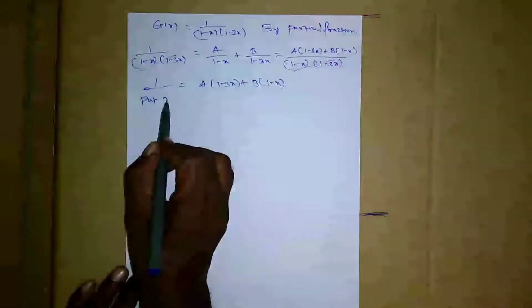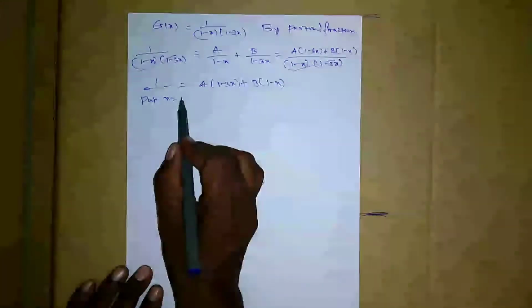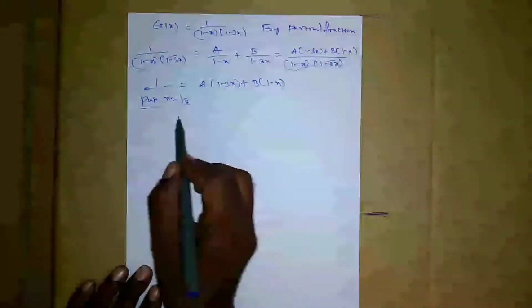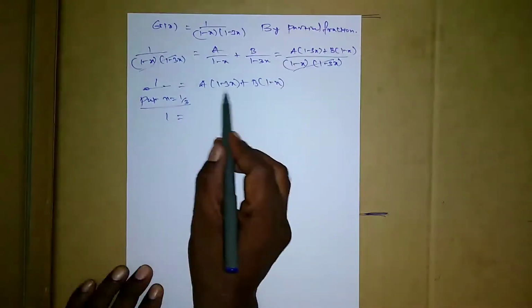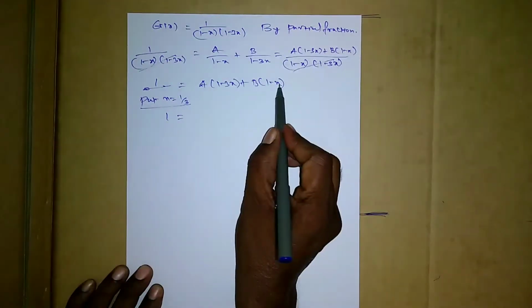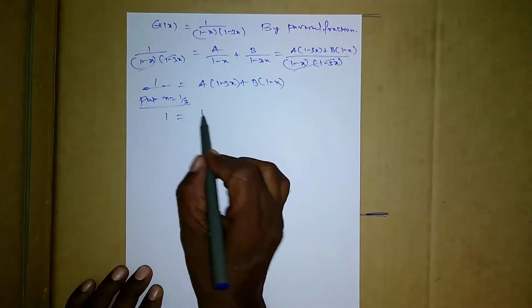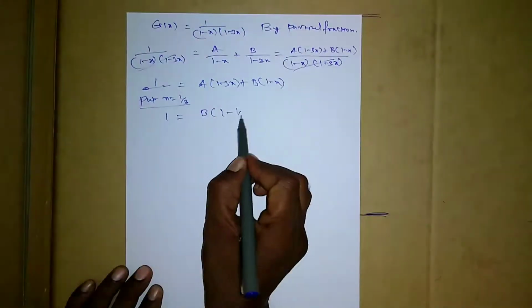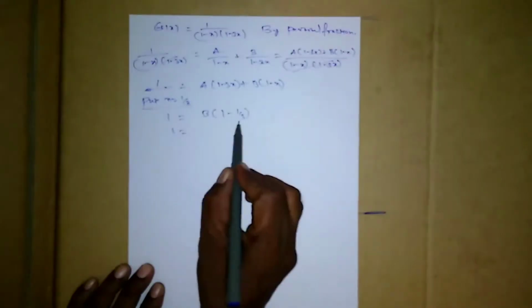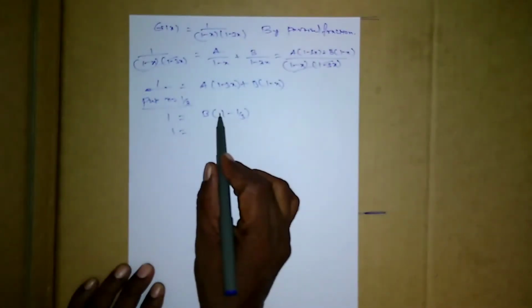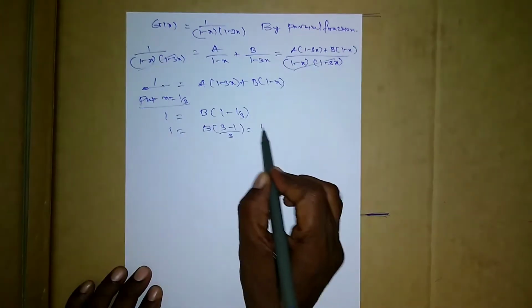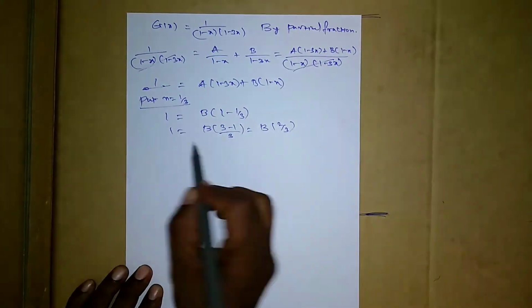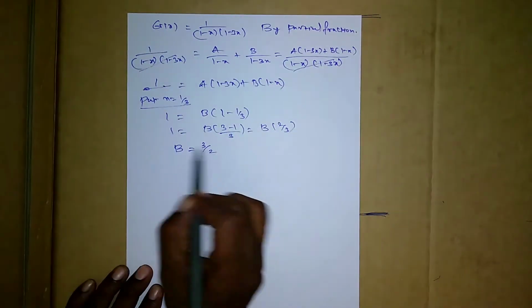Put x = 1 by 3. Left hand side is 1, and on the right hand side the A term is 0, therefore B into (1 - 1 by 3) = 1, that is B into 2 by 3, therefore B = 3 by 2.